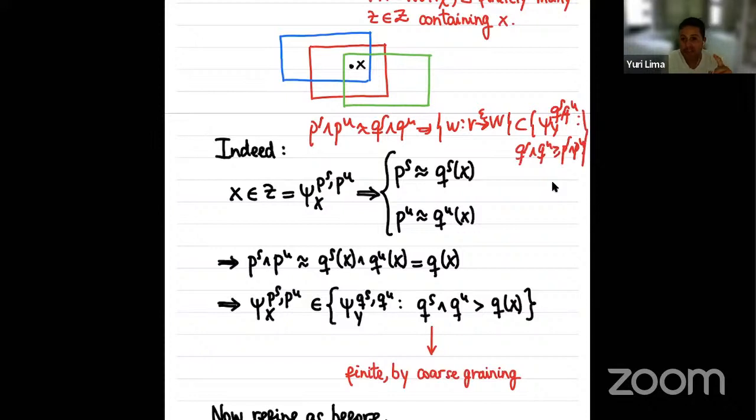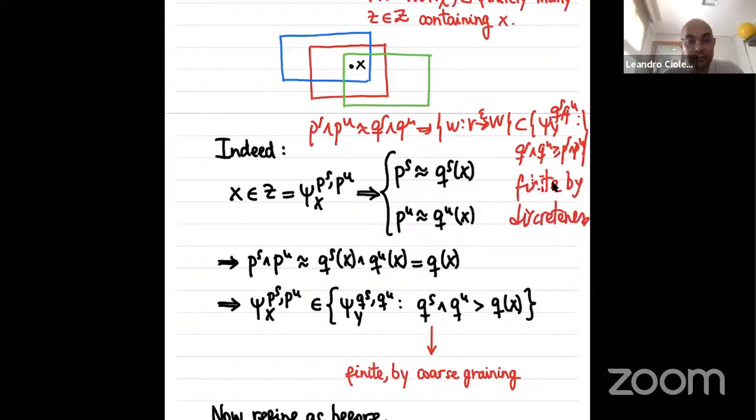And this latter set is finite. Finite by discreteness. Okay?